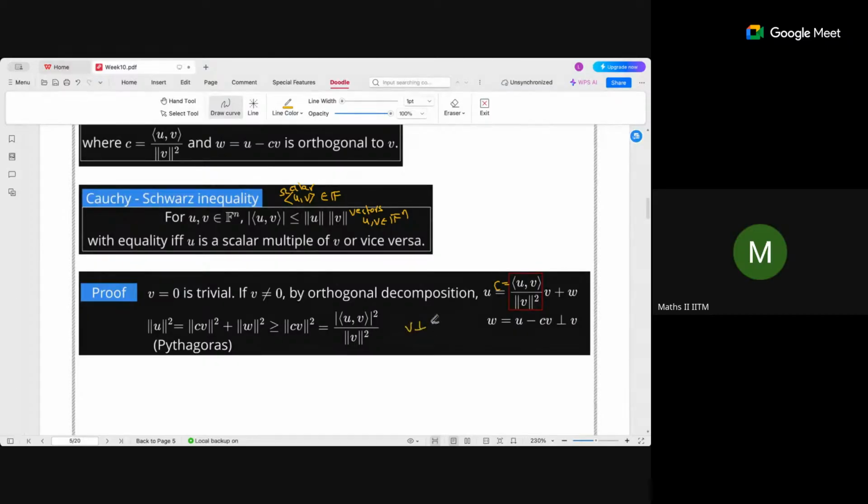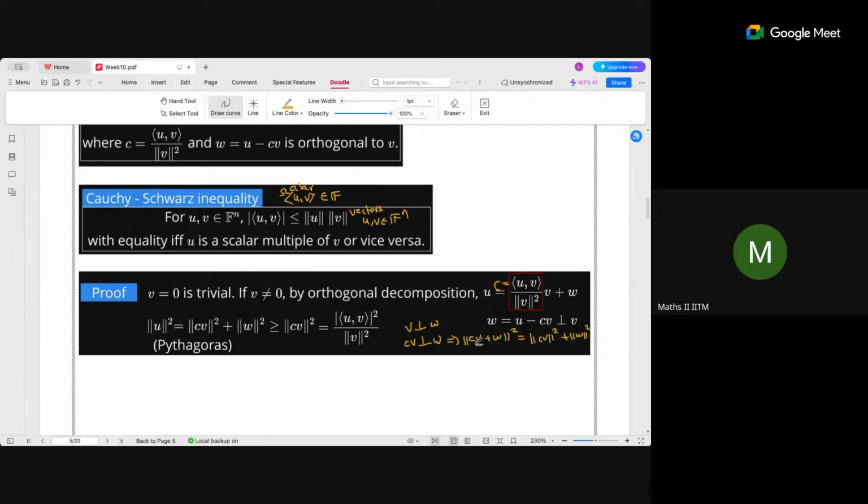See, v is perpendicular to W. This means that Cv is perpendicular to W. This means that norm of Cv plus W square is equal to norm Cv square plus norm W square, according to Pythagoras theorem.